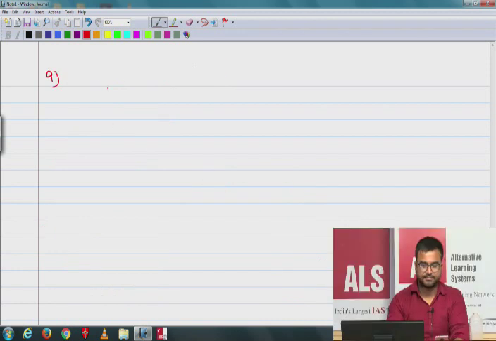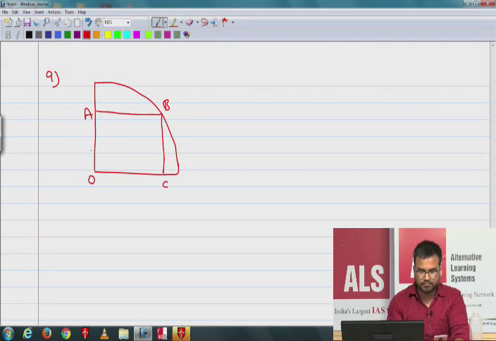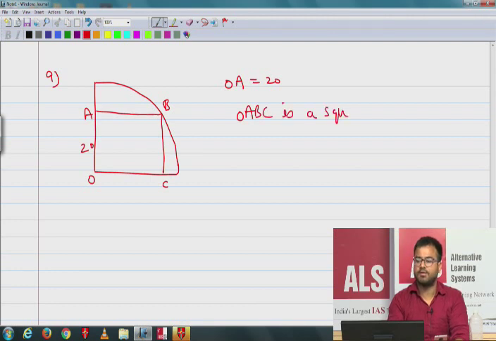Now try this one. OABC is a square, and ODBE is a quadrant.